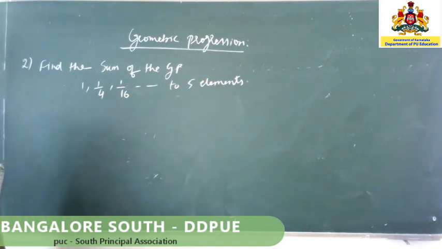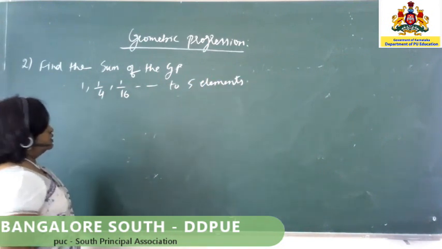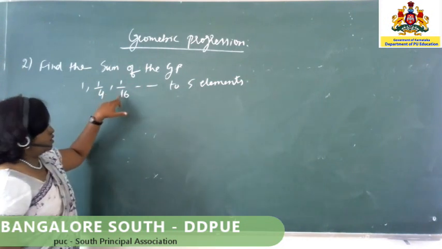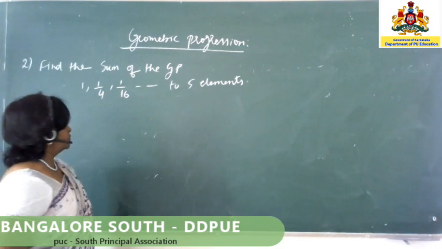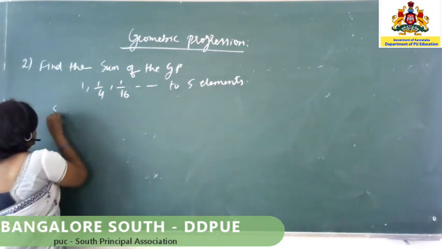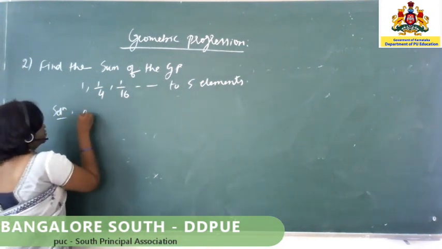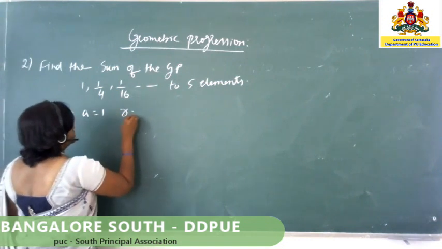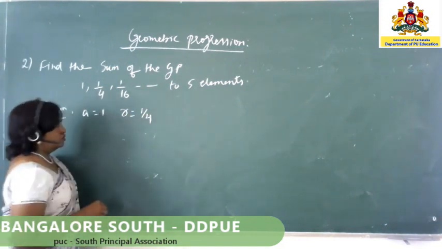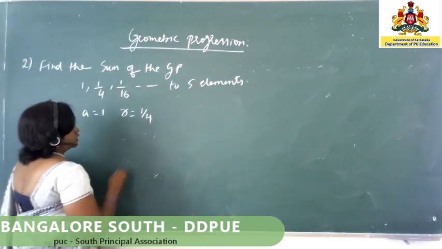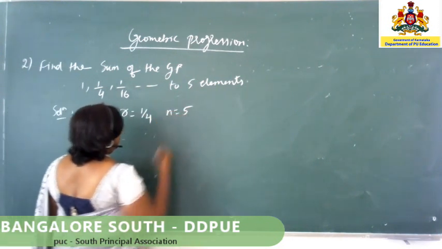So find the sum of the GP 1, 1 by 4, 1 by 16, so on up to 5 elements. Here you should find the sum. A is equal to 1, R is equal to 1 by 4 divided by 1, it is 1 by 4 itself, 1 by 4. And N is equal to 5.